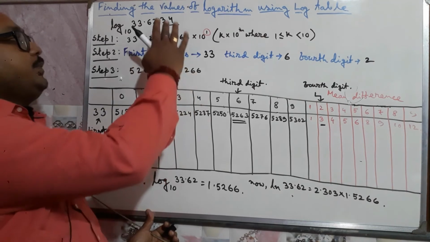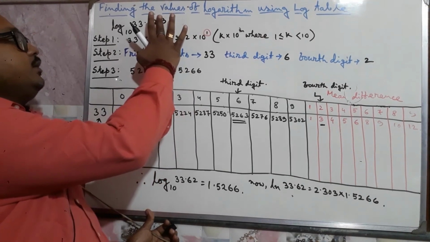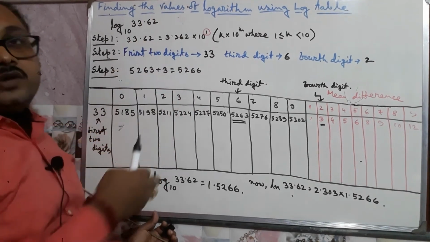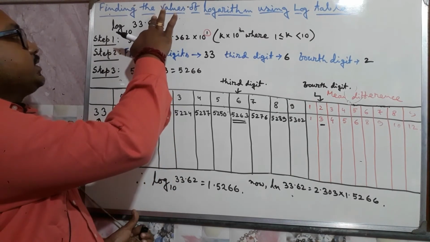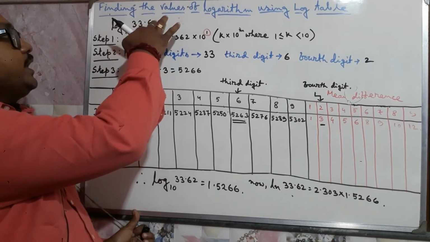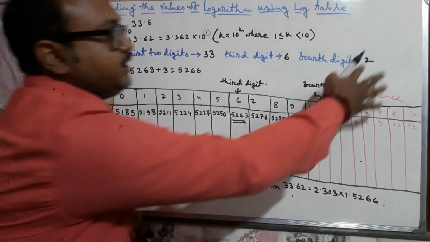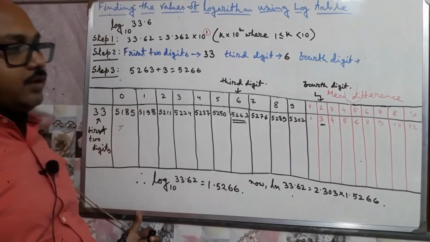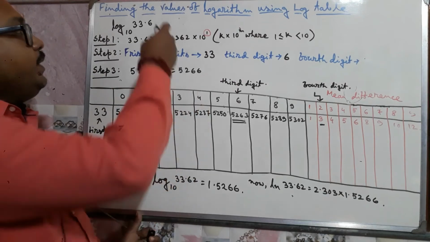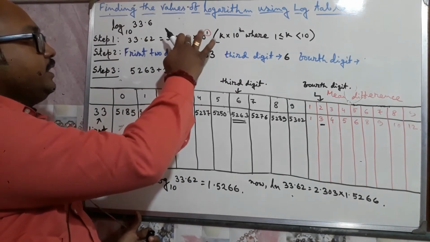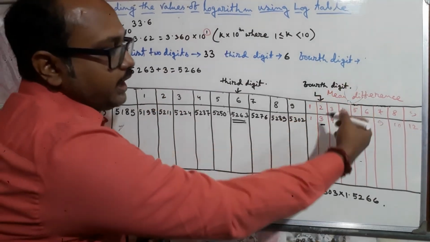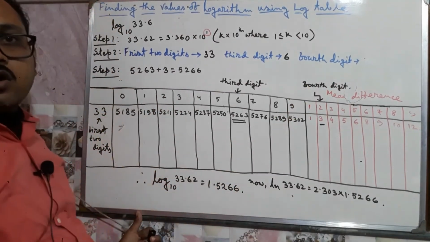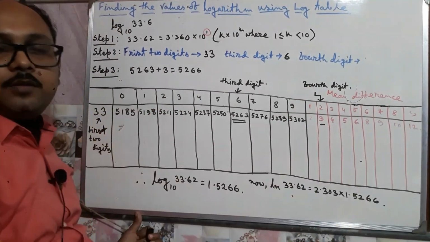Now suppose there are only 3 digits. We are going to find the value of log 33.6. The 2 is not there, so the 4th digit is not there. Ultimately, what is the 4th digit? It is 0. There is no 0 column in the mean difference, so no need to take a value from the mean difference.